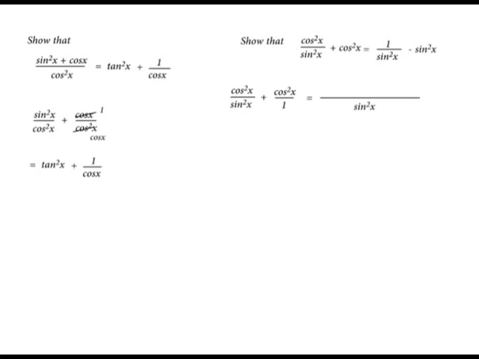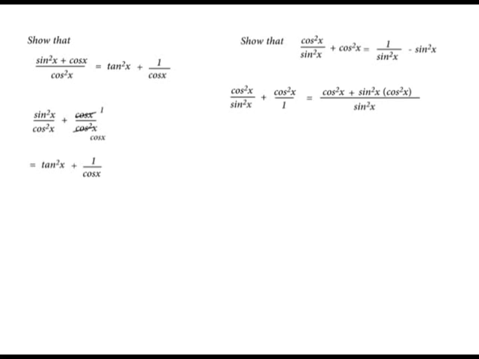Sin²x divides into sin²x once. 1 times cos²x is cos²x, plus sin²x divides into 1 sin²x times. Multiply that by cos²x, and we shall have sin²x times cos²x.